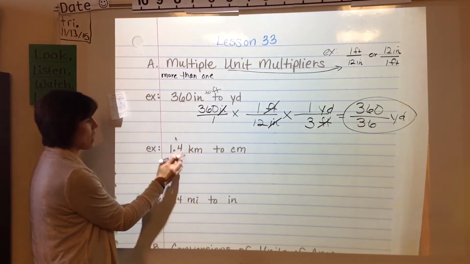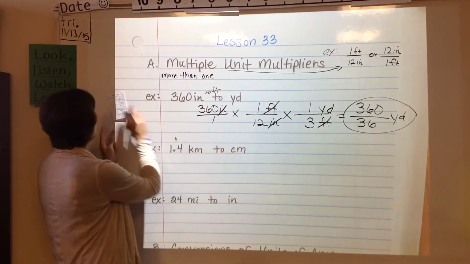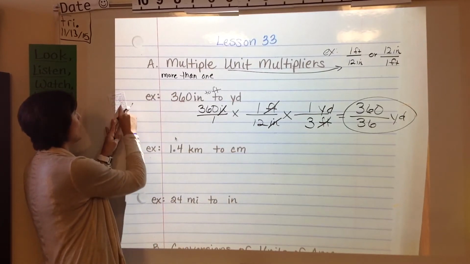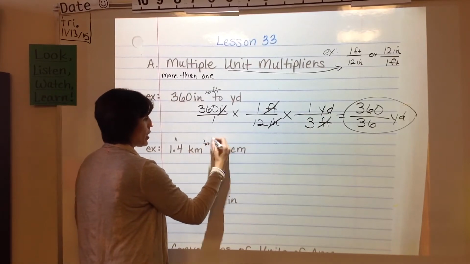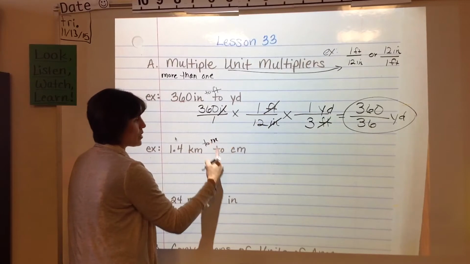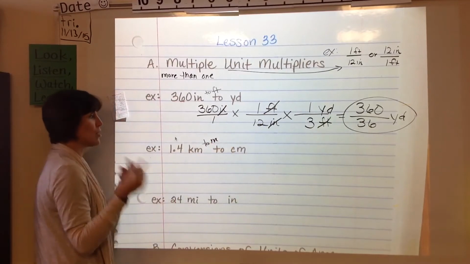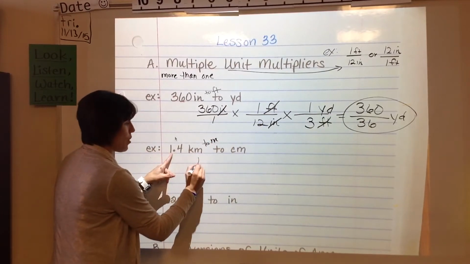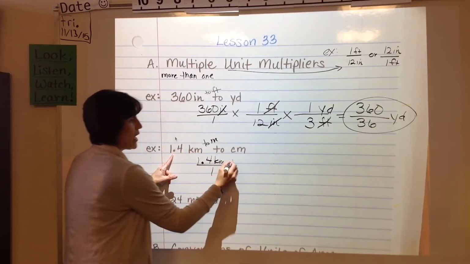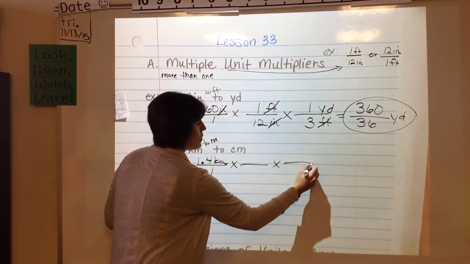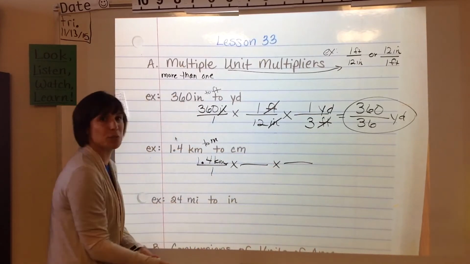And then right here, we're going to go from kilometers to centimeters. But on our little cheat sheet, it just says kilometers to meters and then meters to centimeters. So we're actually going to go kilometers to meters and then meters to centimeters. Deal? All right, so step 1, write your original over 1, 1.4 kilometers over 1. And this time we know we're going to need 2 unit multipliers, so put 2 fraction blanks.